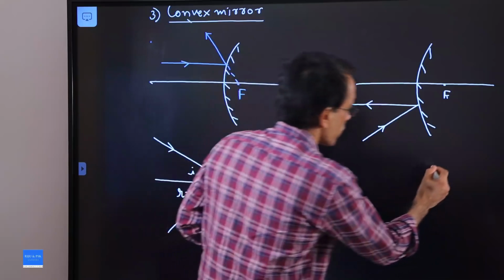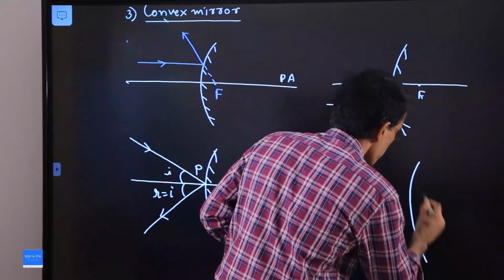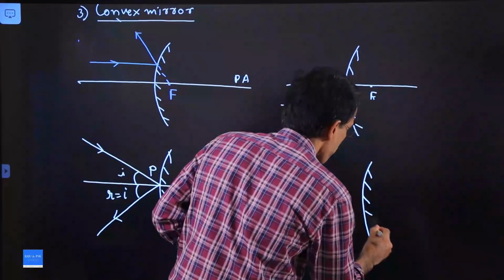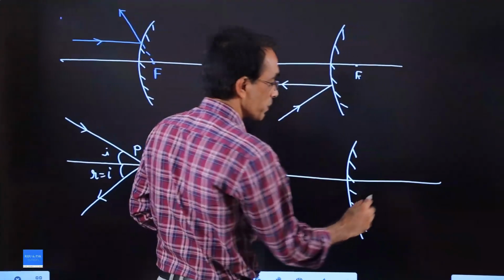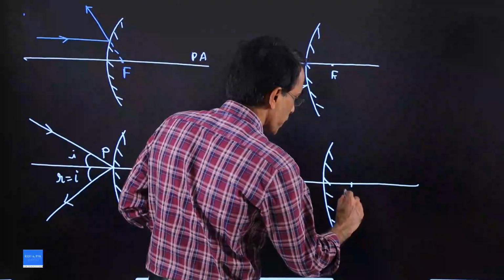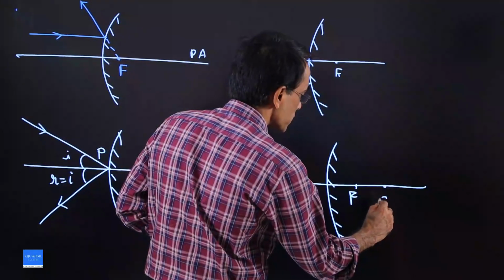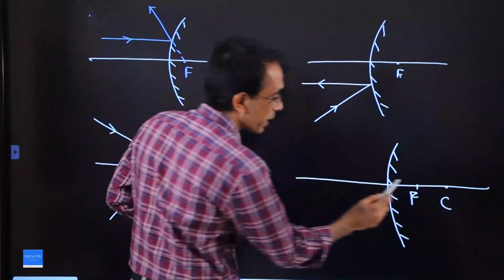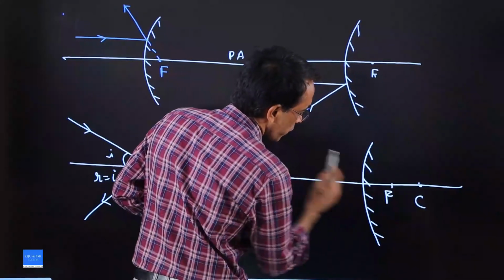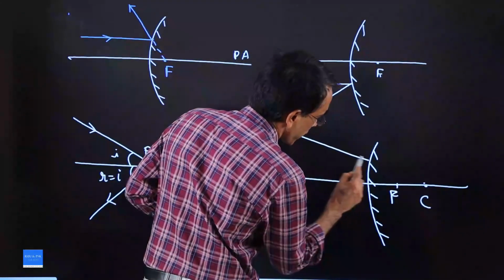Fine. Next, this is convex mirror, this is principal focus, this is center of curvature. What will happen if a light ray is directed towards the center of curvature? Say a light ray coming like this.